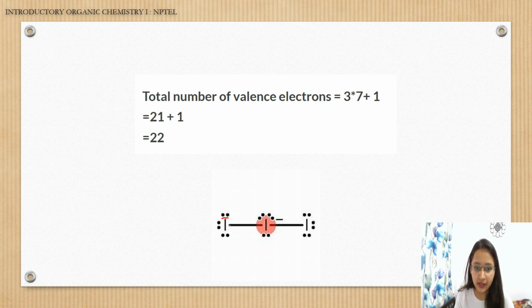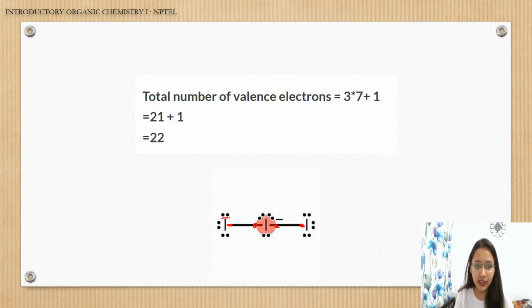So 1, 2, 3, 4, 5, 6, 7, 8, 9, 10, 11, 12, 13, 14, 15, 16, 17, 18. And this is also an electron, right? Because of which they are forming the covalent bond, right? So how many electrons are in total? There are 22 electrons in total.